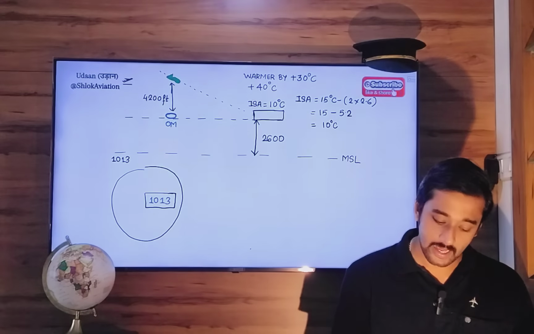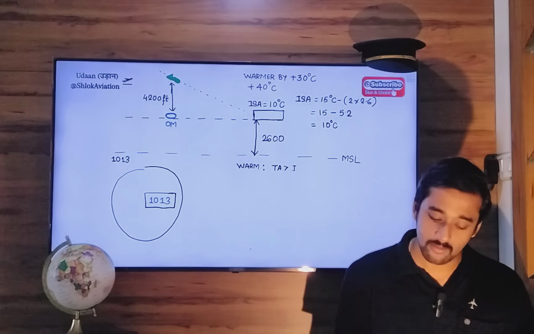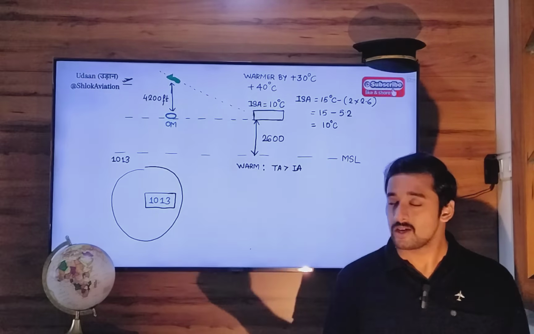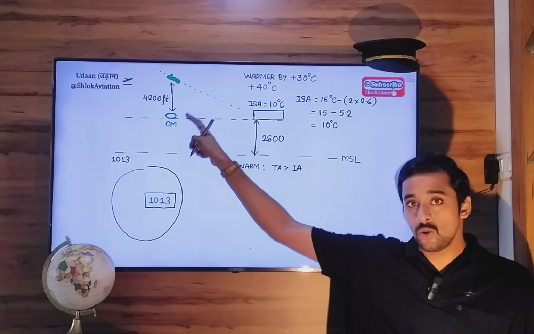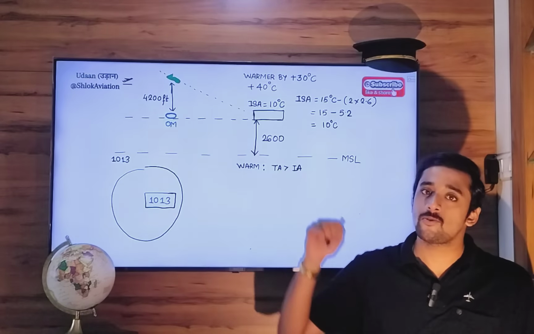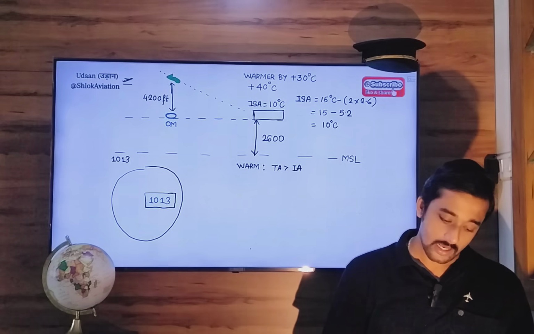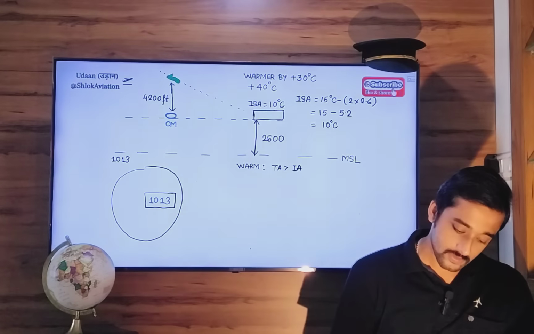So whenever you are flying in conditions warmer than ISA, true altitude is definitely going to be more than indicated altitude. So here your indicated altitude is 4,200 feet, but the true altitude of your aircraft will be more than 4,200. Okay, so how to find that out?